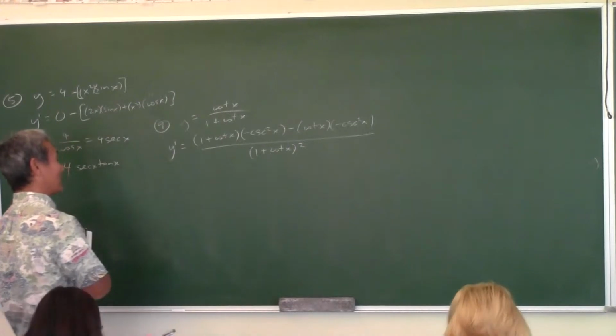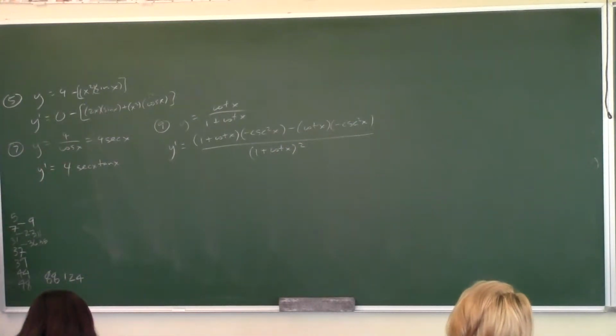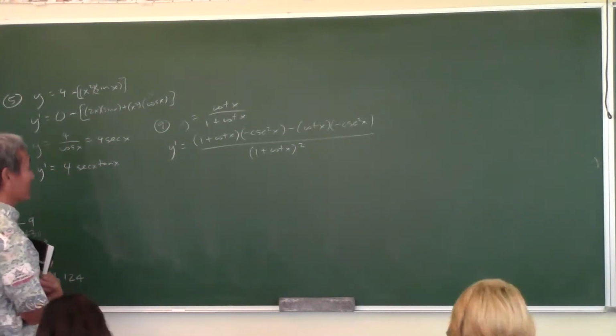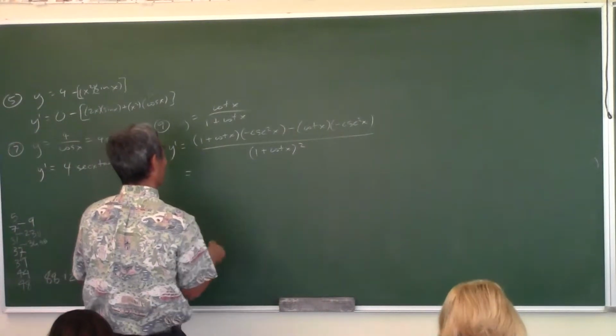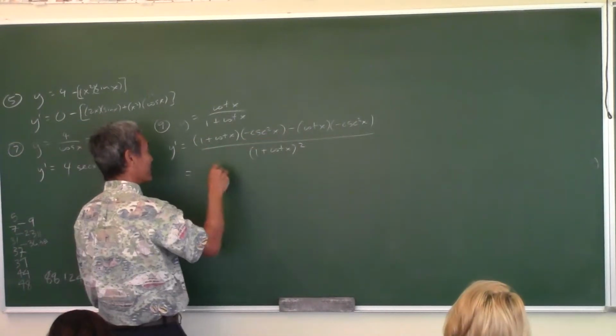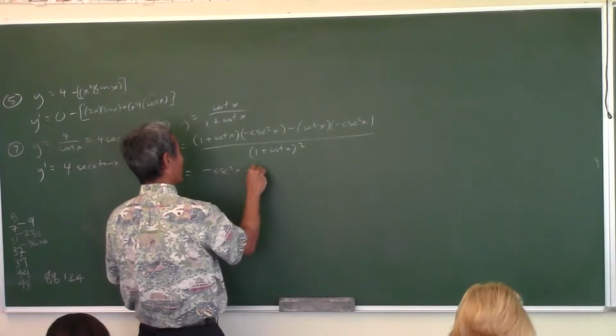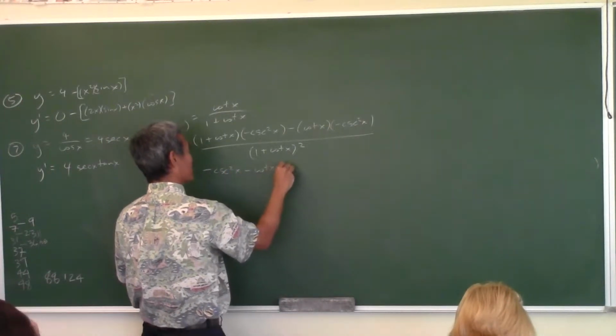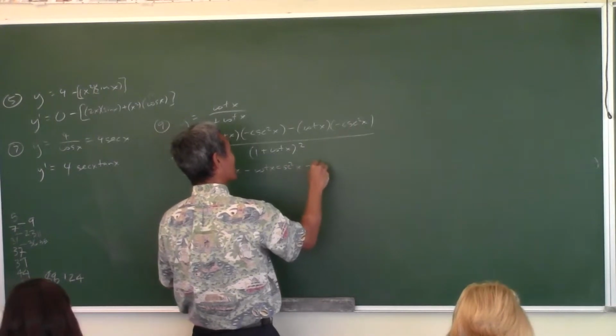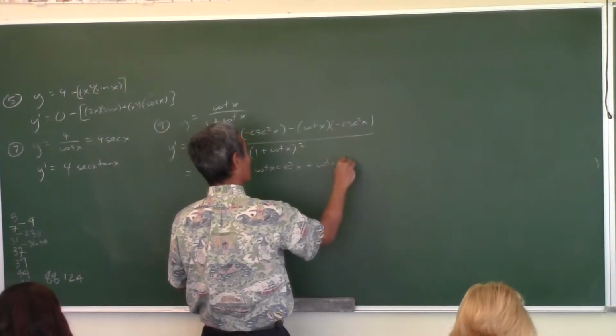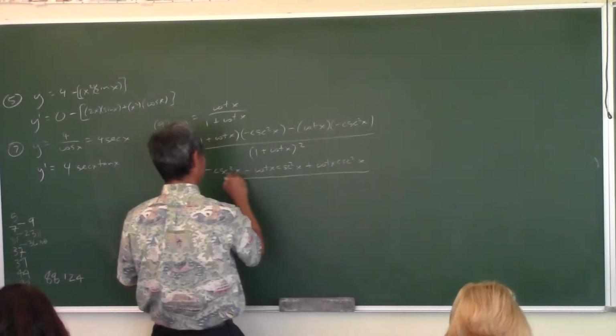Okay, you write down on the paper, you get half the points, the other half comes from simplifying. Well, hopefully, let's see what happens. So multiply out everything on the top. Negative cosecant squared x minus cotangent cosecant squared plus cotangent cosecant squared. I like that.